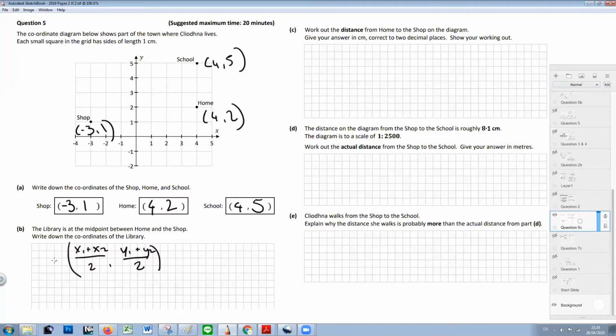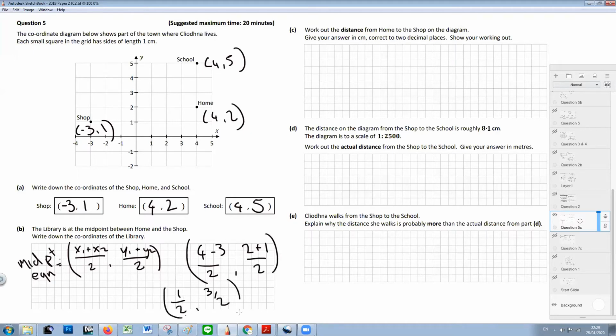Now we're looking for the point between the home and the shop. So it's going to be 4 minus 3 over 2. And y is going to be 2 plus 1 over 2. So our point is going to be 1/2 and 3 over 2.